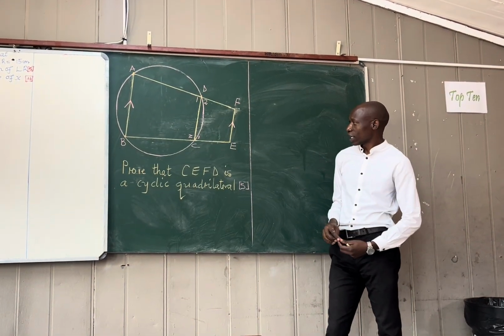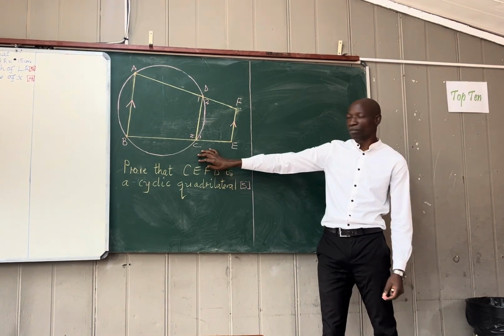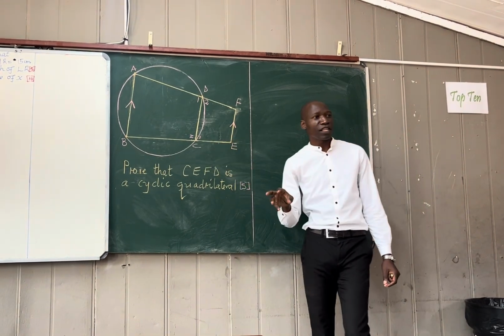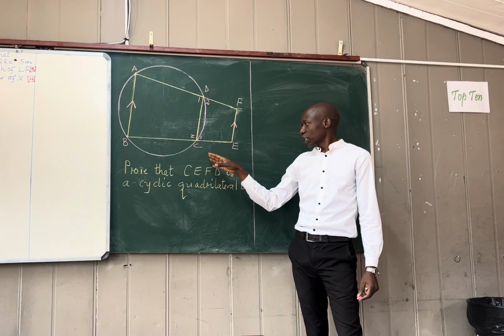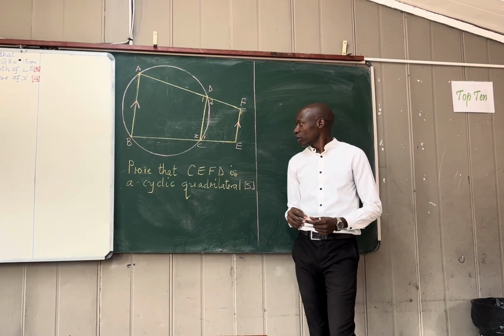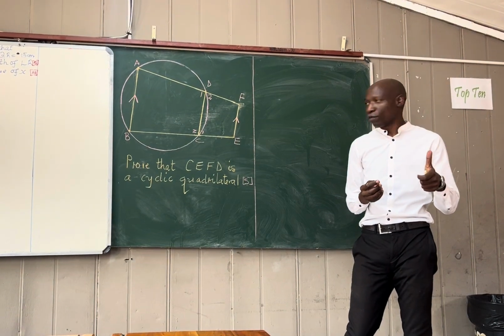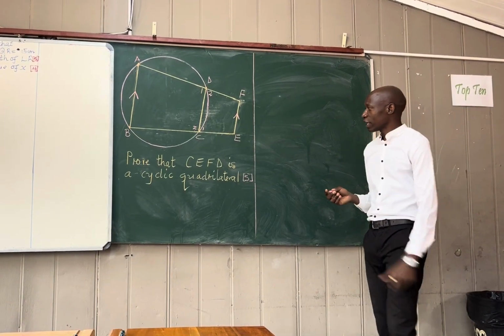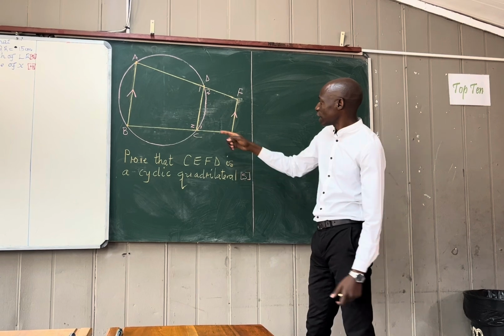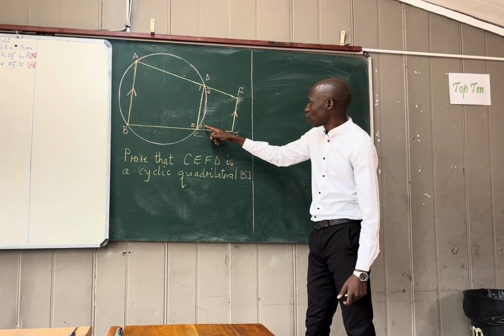More often learners fail to start the problem because we don't have any marked angle. So what can you do? It is also a flexible question. You can start by marking any angle of your choice. For instance, I am going to start by marking C1.